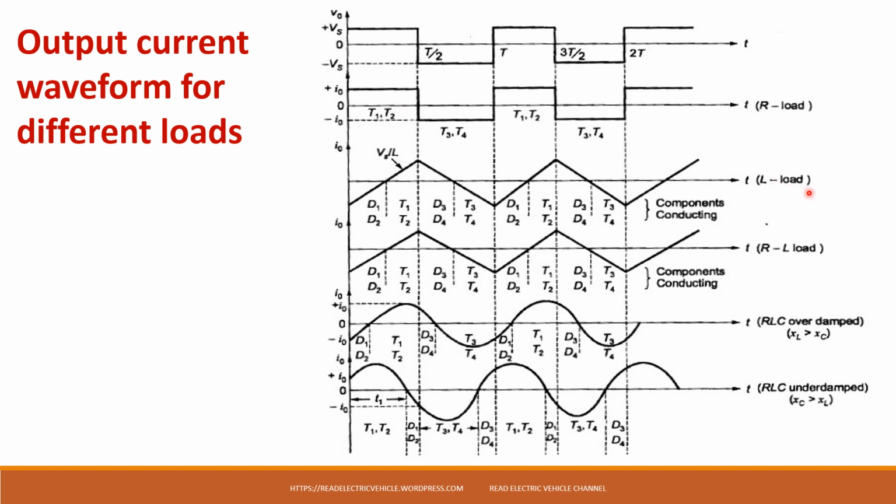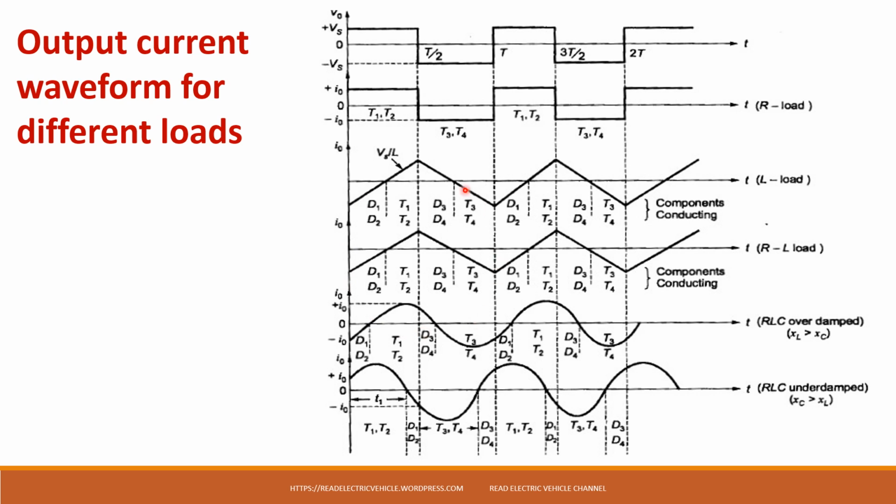In case of L load, it will be a triangular waveform, and in case of RL load, it will be a slightly exponential waveform, and if it is an overdamped circuit, it will be a sinusoidal waveform.